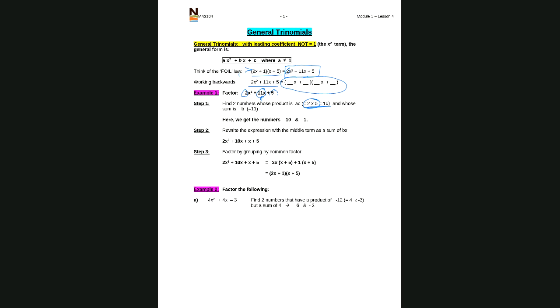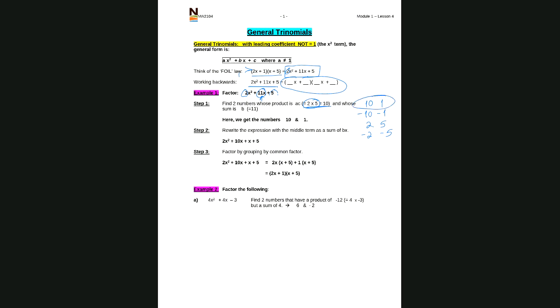So of course that's 10 and 1, and negative 10 and negative 1. Also 2 and 5, and negative 2 times negative 5 is also plus 10. Now which one has a sum of 11? And that's 10 and 1.